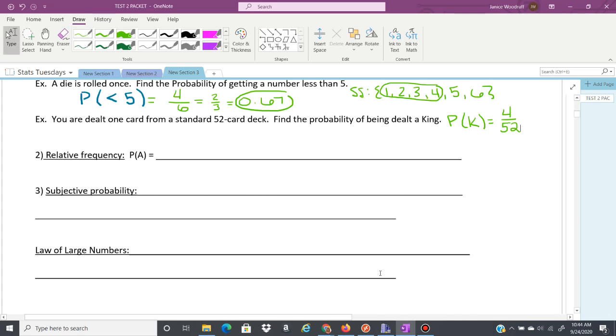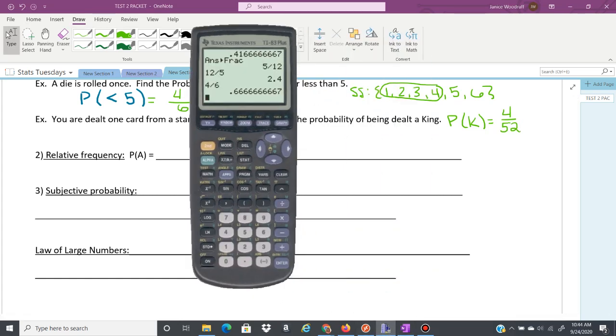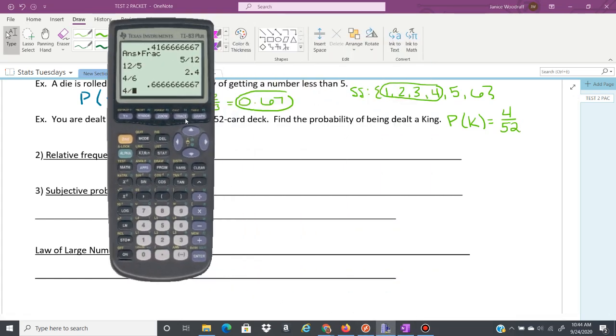You can make that into a fraction, or you can reduce that. In your calculator, you can reduce if you just hit the math button right here and then enter. So that will be 1/13.